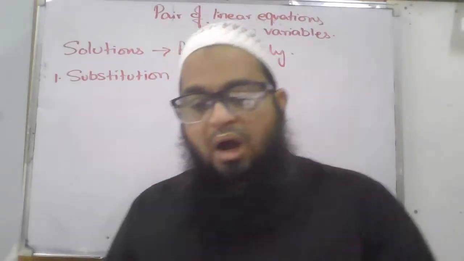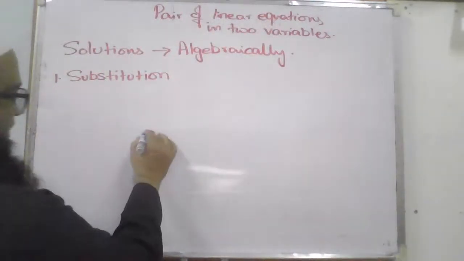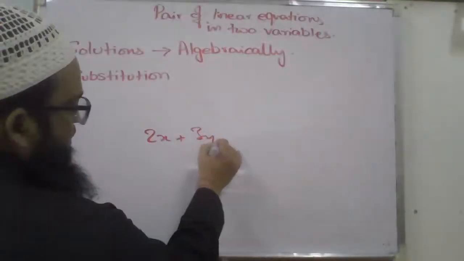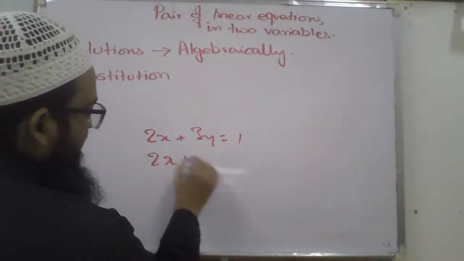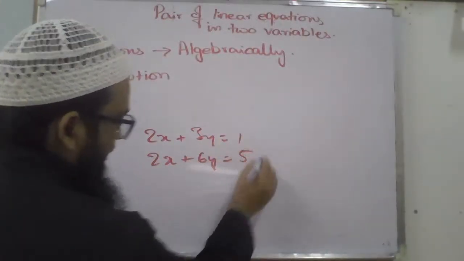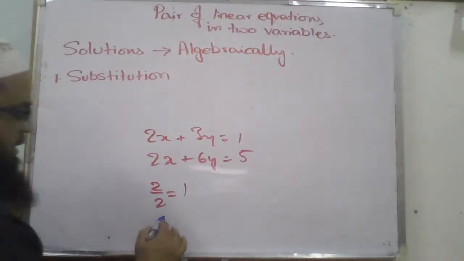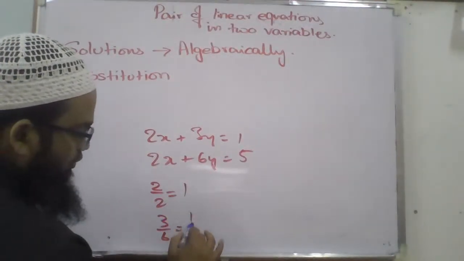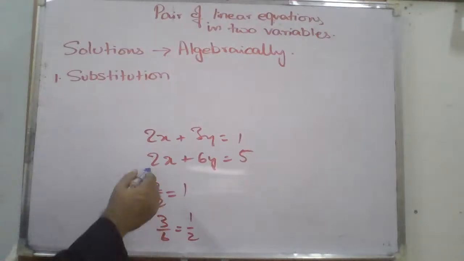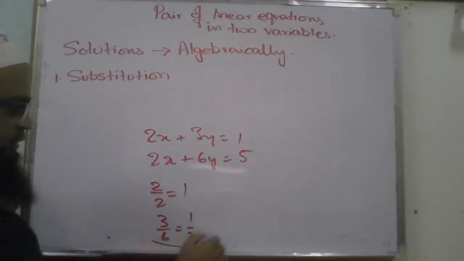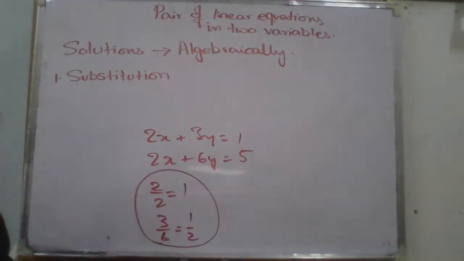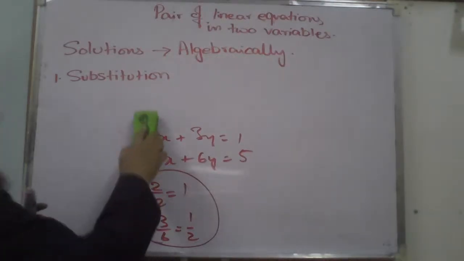Oh, were you thinking of, suppose for example, 2x plus 3y is equal to 11 and 2x plus 6y is equal to 5? So it is 2 by 2, that is equal to 1, and 3 by 6 is equal to 1 by 2. So are you talking about this, the cancellation or simplifying? I understood your doubt.